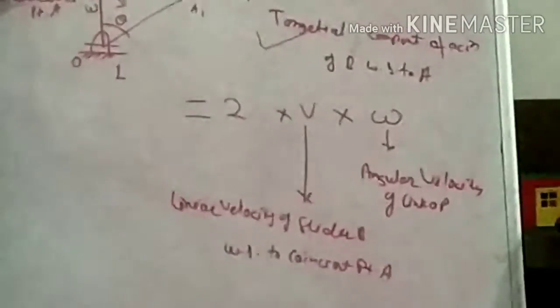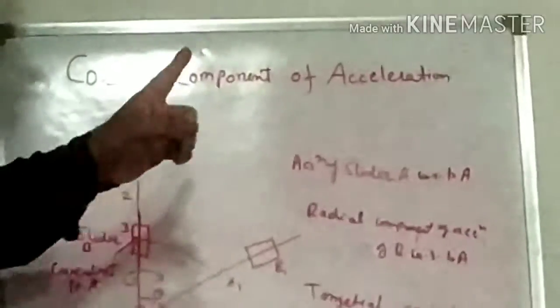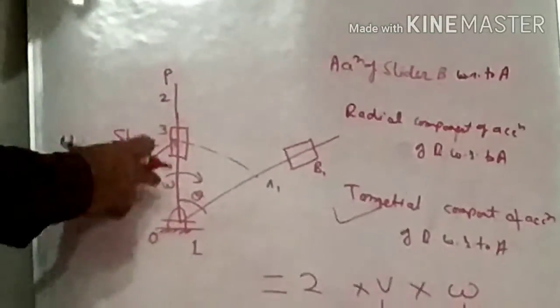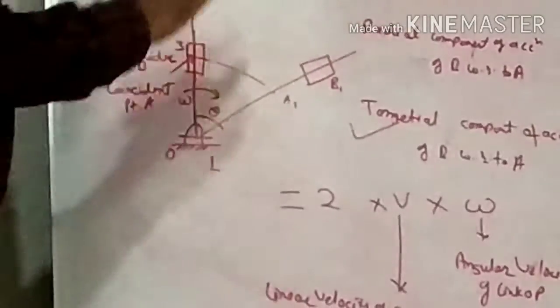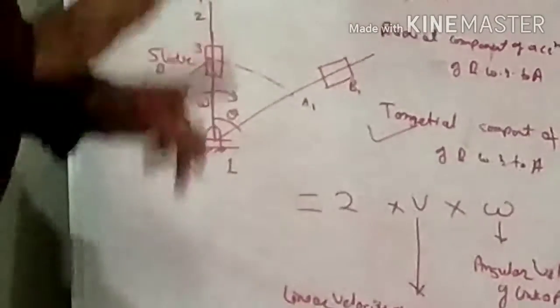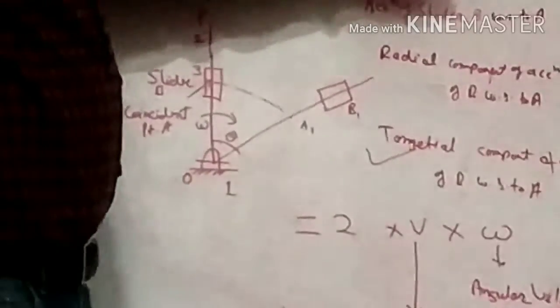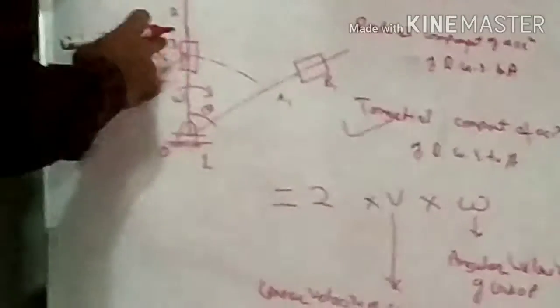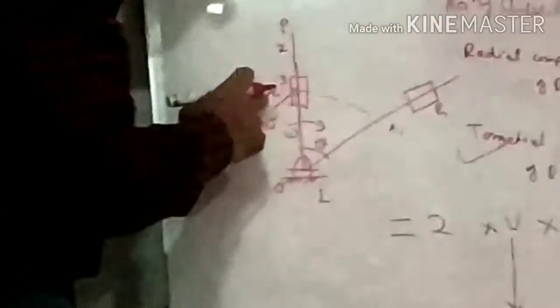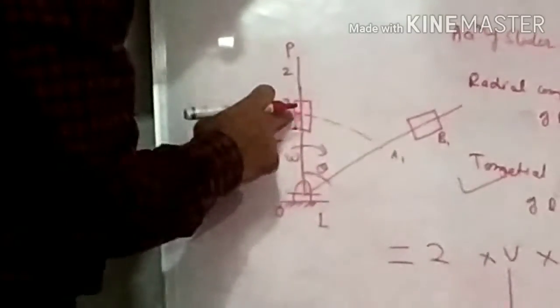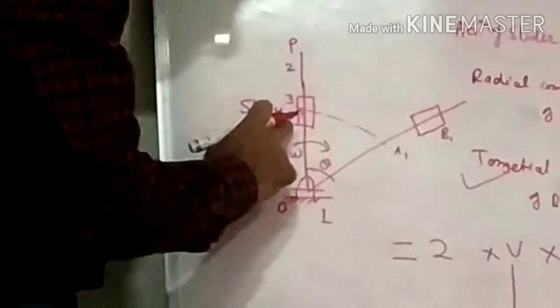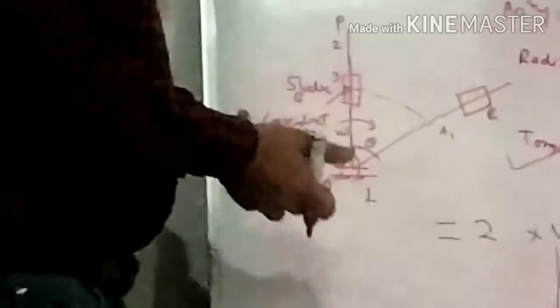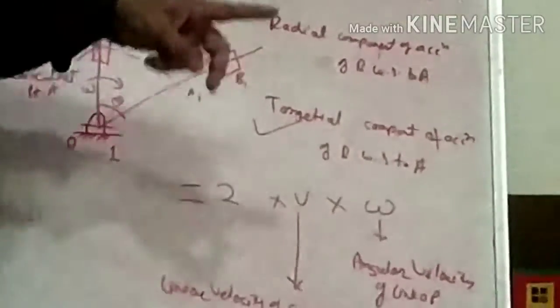So what do we mean by Coriolis? The Coriolis component of acceleration comes into existence when any slider is moving along a rotating link, when that link is not fixed. Point A is on the link OP. When the slider comes to this particular position, point A coincides with slider B. The acceleration of slider B with respect to A has two components, radial and tangential.